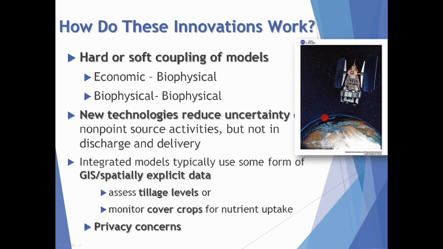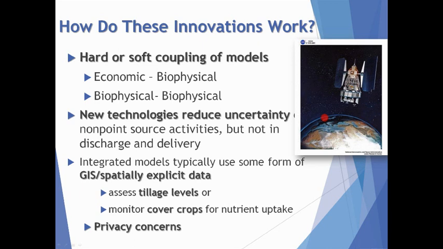They depend heavily on new technologies that help us understand what's happening on the activity side, though there is still uncertainty on the discharge and delivery side. So some of these models are stochastic in nature and include uncertainty, though they help us bind the uncertainty.